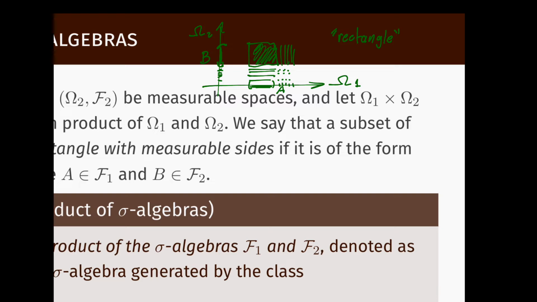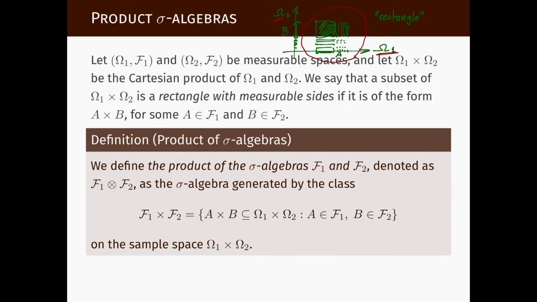A set of this type, it's a bit metaphoric, is called a rectangle. It's a subset of the Cartesian product of omega 1 and omega 2, which is itself in the form of a Cartesian product of two measurable sets A and B, which are both measurable in each of these spaces.